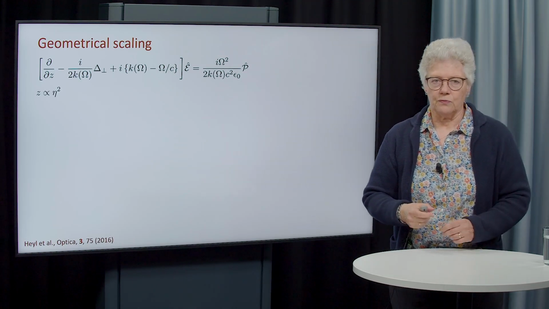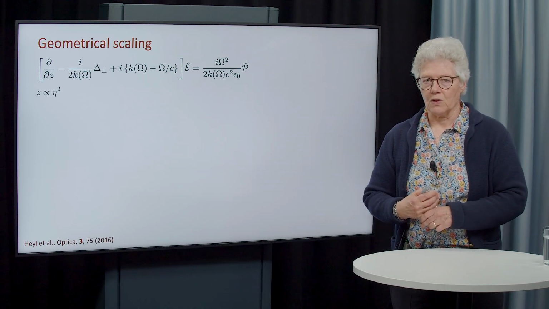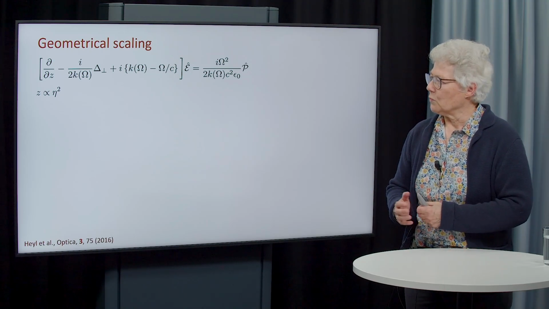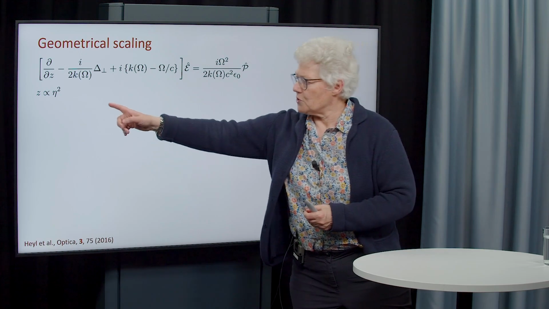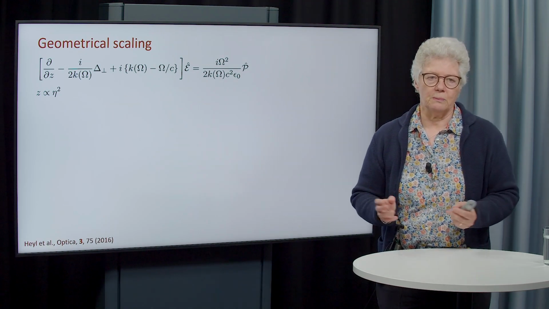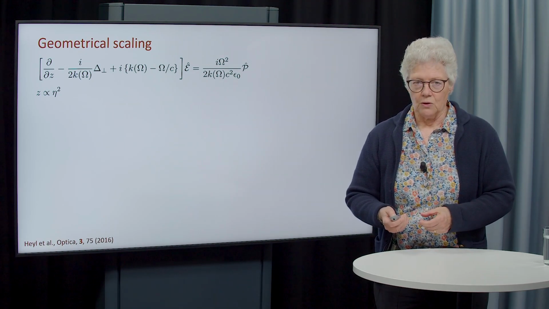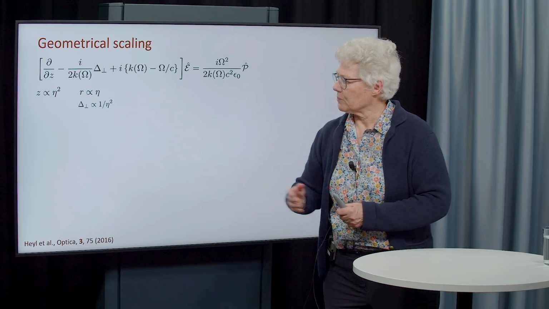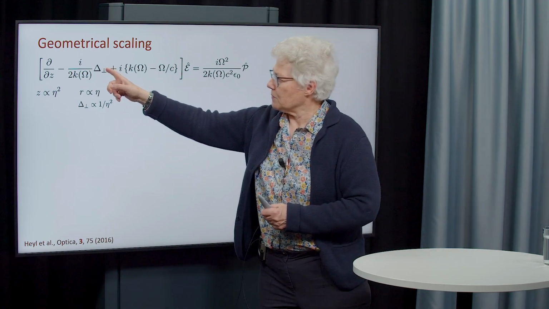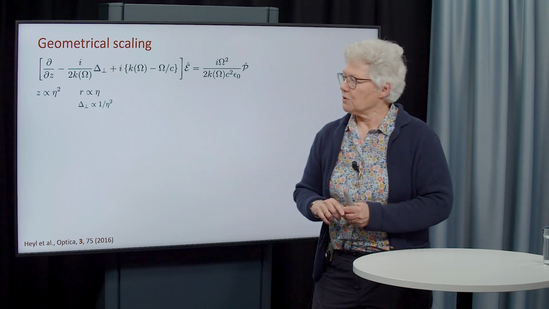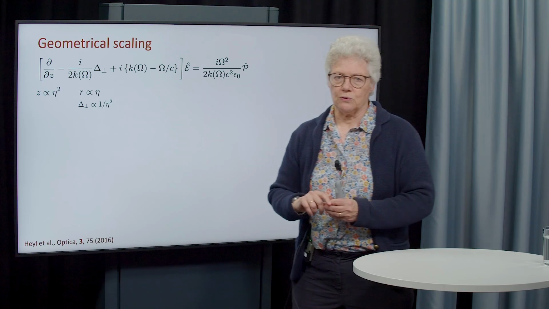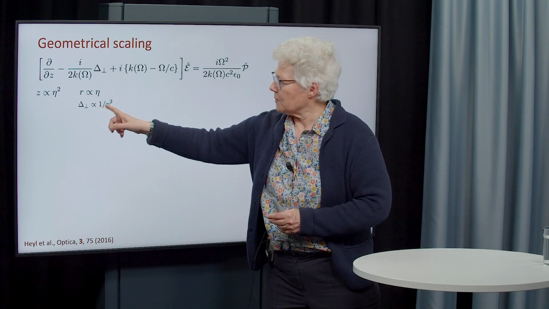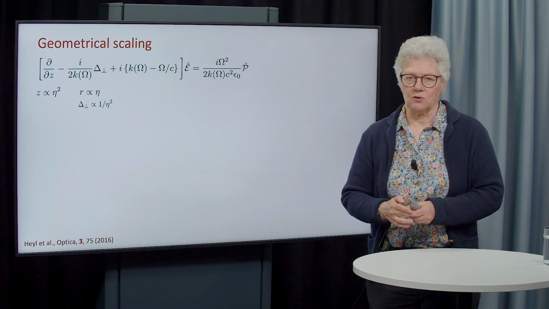So now if you make a scaling, if you scale this equation with, for the z parameter, eta square, for the r parameter, eta, this double derivative with respect to x and y will vary as 1 over eta square.